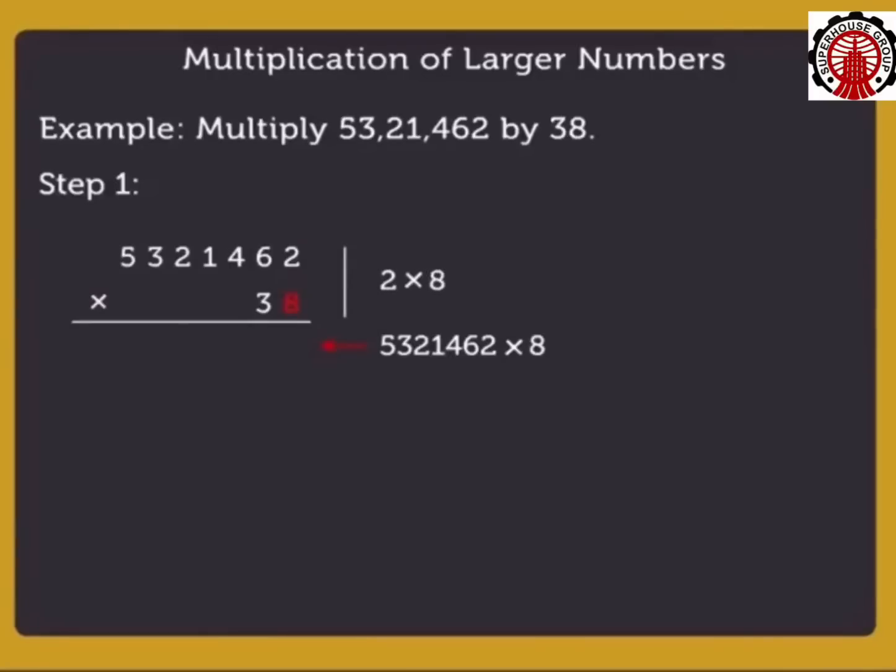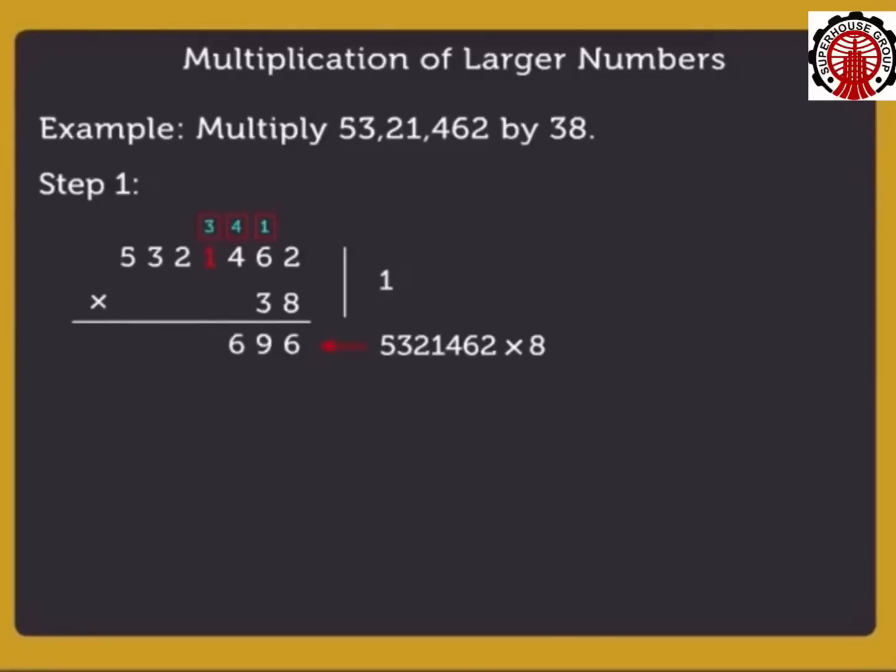2 into 8 is equal to 16. Now, 6 into 8 is equal to 48, plus the carried over 1 is equal to 49. Next, 4 into 8 is equal to 32 plus the carried over 4 is equal to 36.